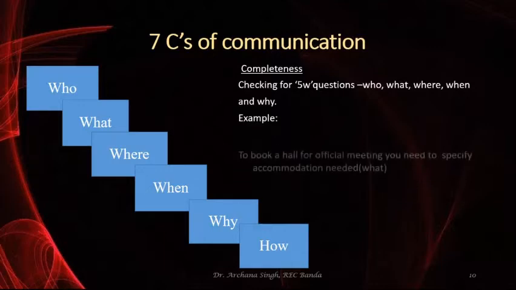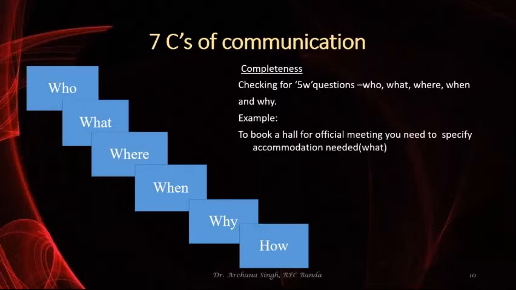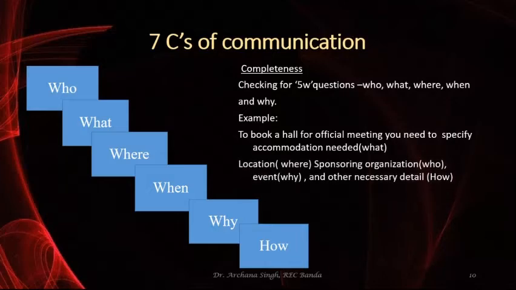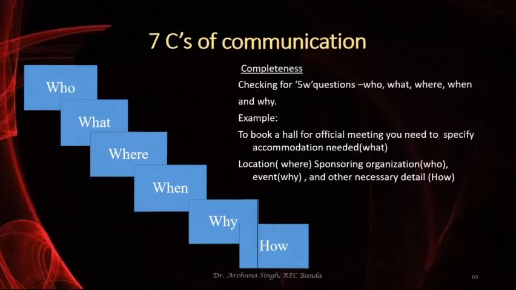If you have to book a hall for an official meeting, you need to specify the accommodation needed, like what kind of accommodation you need, where you need it, who is sponsoring, which organization, why you need it, and other necessary details. If you provide all these necessary details, it is giving complete information to the person.